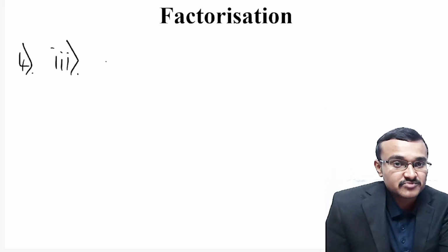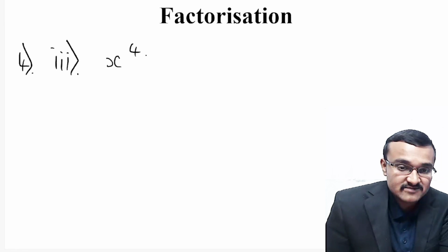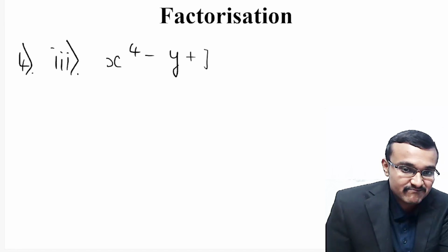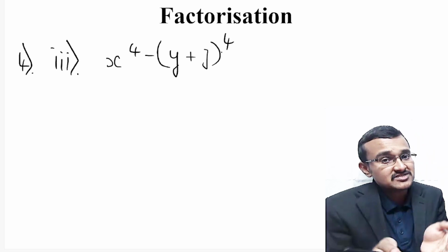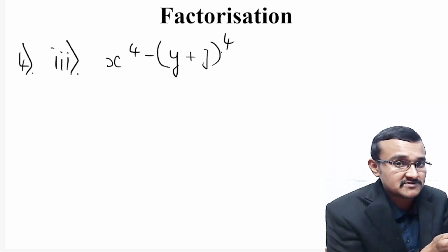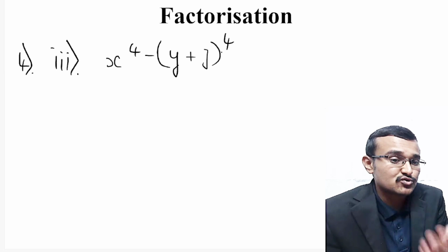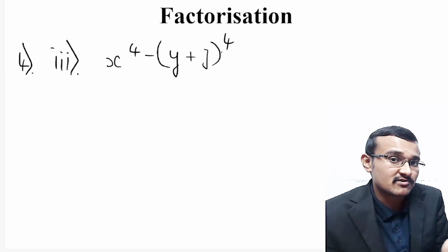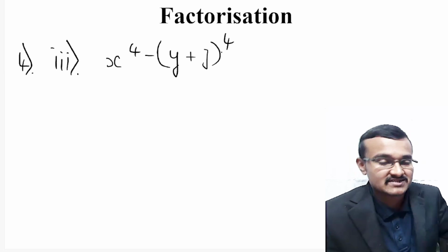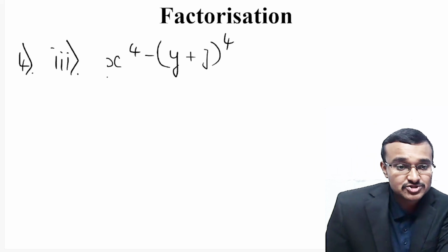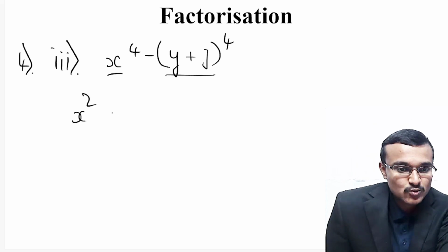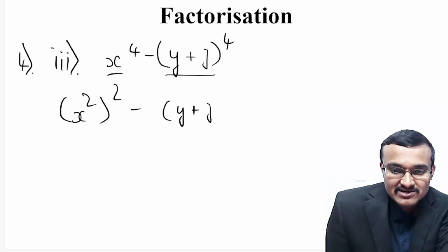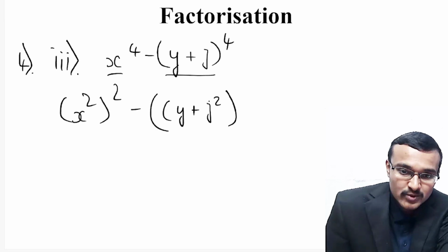Coming to the fourth question, there they have given x power 4 minus (y plus z) whole power 4. This particular fourth question is actually similar to the second question problems which we have already solved. Fourth question is just an extended version of the second question which is there in this particular exercise 12.2. So x power 4 minus (y plus z) whole power 4 can be written as (x square) whole square minus ((y plus z) whole square) whole square.